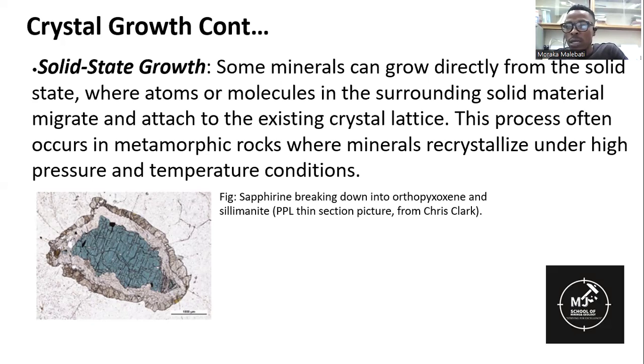So during the processes of metamorphism, you don't have to change the state into liquid or something. It must remain as solid as it is. For example, this is a typical sapphirine breaking down into orthopyroxene and sillimanite under PPL, okay? From Chris Clark. So this is a typical example of a solid state growth.